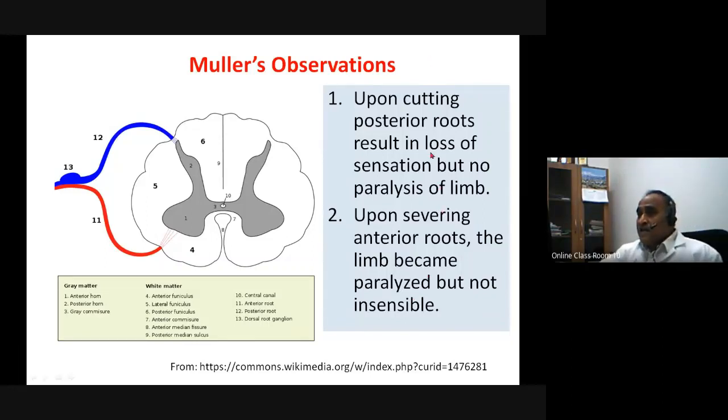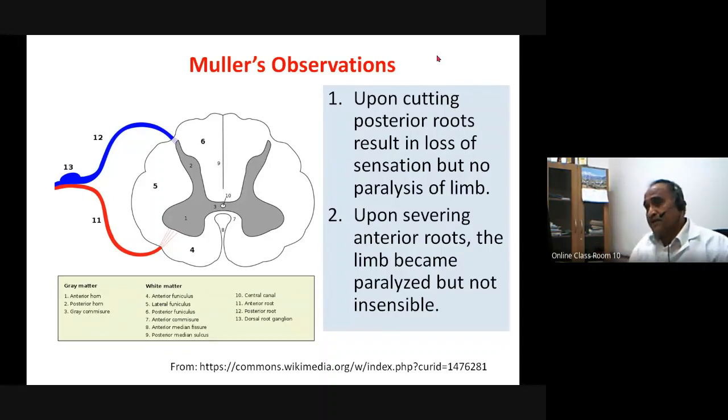Then, in the case of tabes dorsalis or subacute combined degeneration, which is a disease affecting the large diameter fibers, it may happen because of vitamin B12 deficiency. These posterior roots are affected, especially in syphilis and subacute combined degeneration, in which there will be a sensory loss.